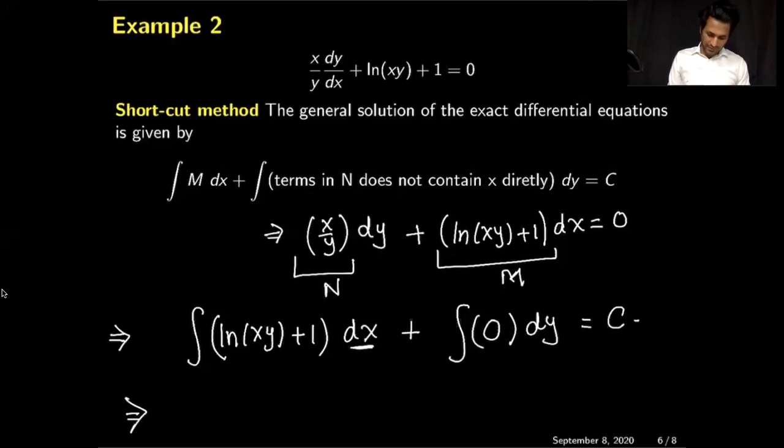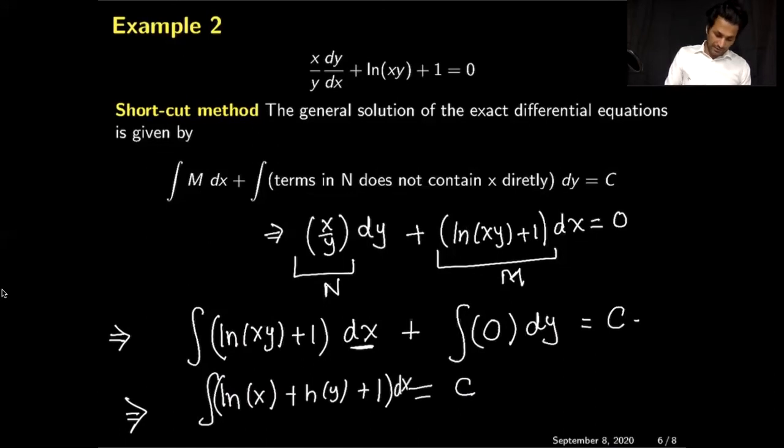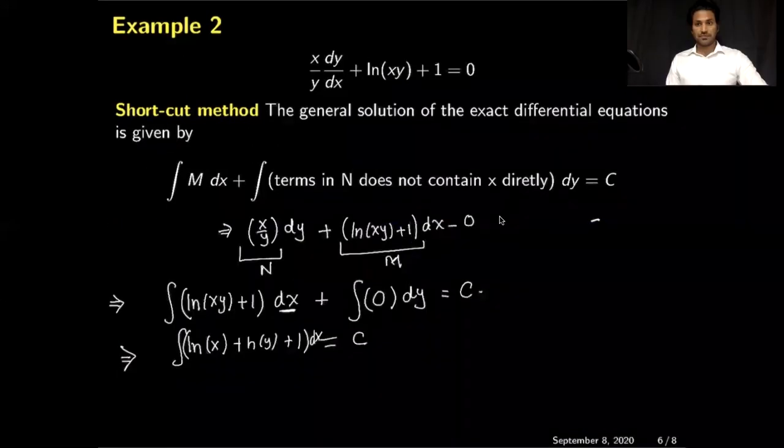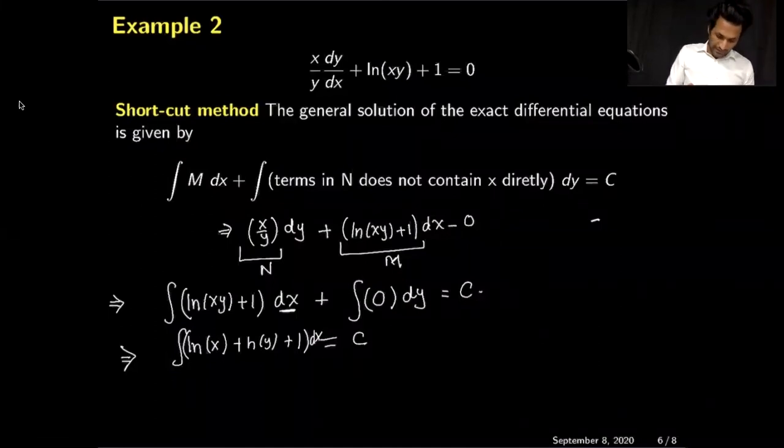So what will be the integration of this function? If I simplify this function, it's going to be natural log of x plus natural log of y plus 1. The integration of 0 is a constant, which is going to be a part of that constant. If I integrate this function with respect to x, it's going to be x natural log of x minus x.